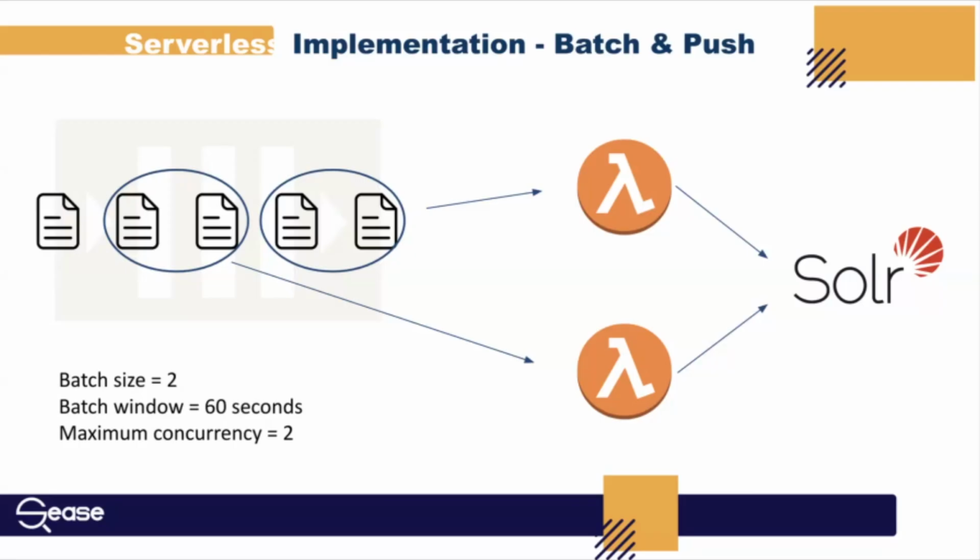In SQS, there's the possibility to invoke a Lambda function when there are enough messages for one batch size. Here my batch size is 2 messages, or if there is only 1 message or not enough messages, after a batch window of 60 seconds, it starts flushing the queue and still invokes the Lambda function with the messages you have.